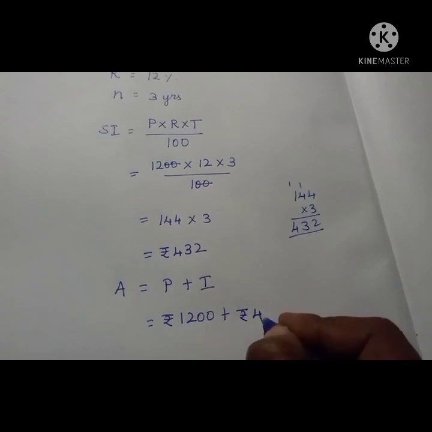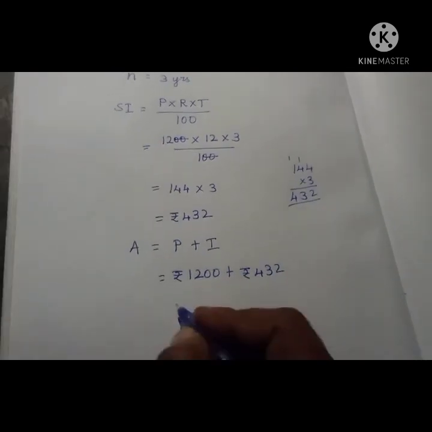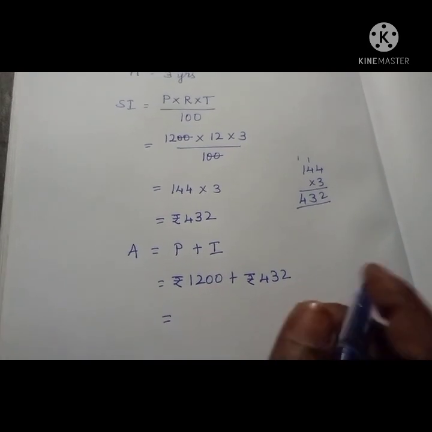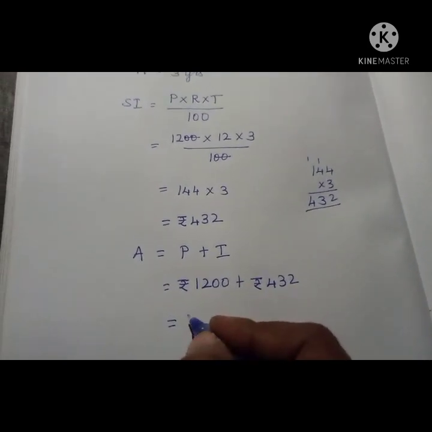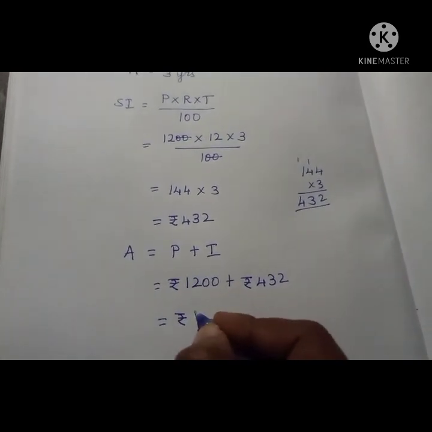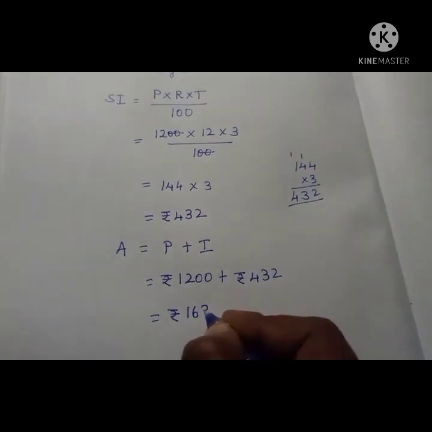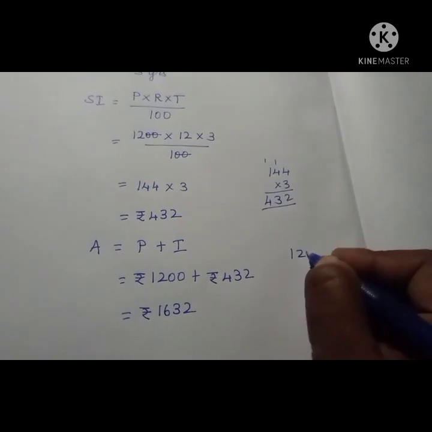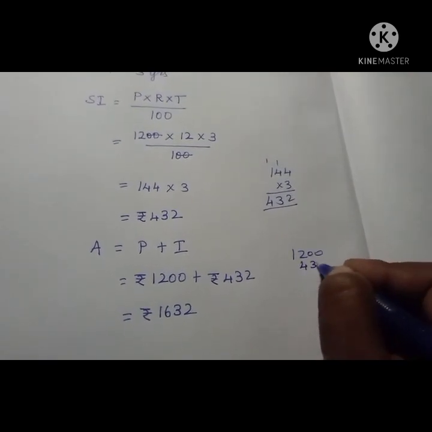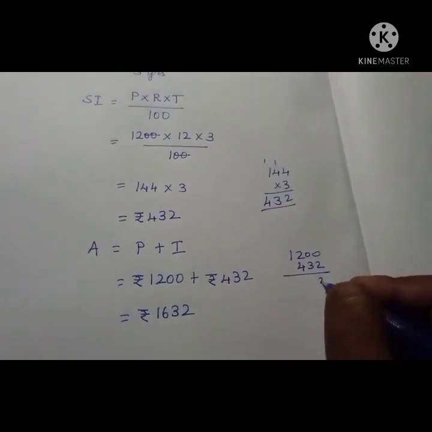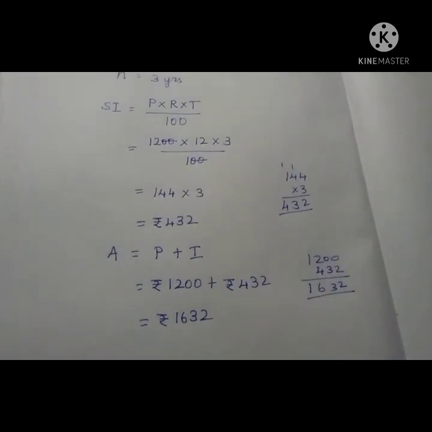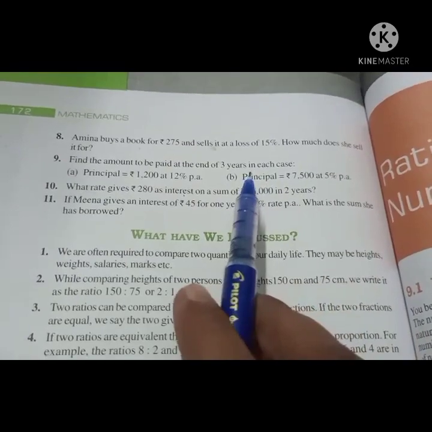Rupees 432. So the total amount we need to pay at the end of the 3rd year is rupees 1632. We need to add these two, that is 1200 plus 432 is 1632.